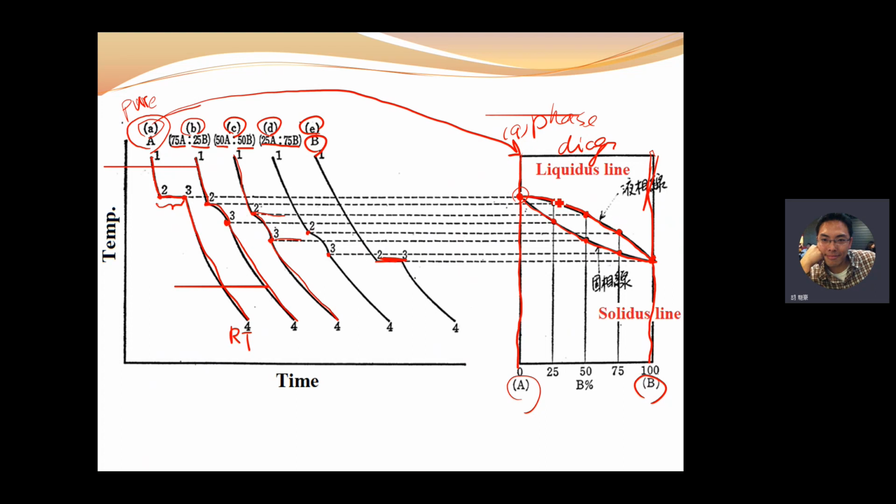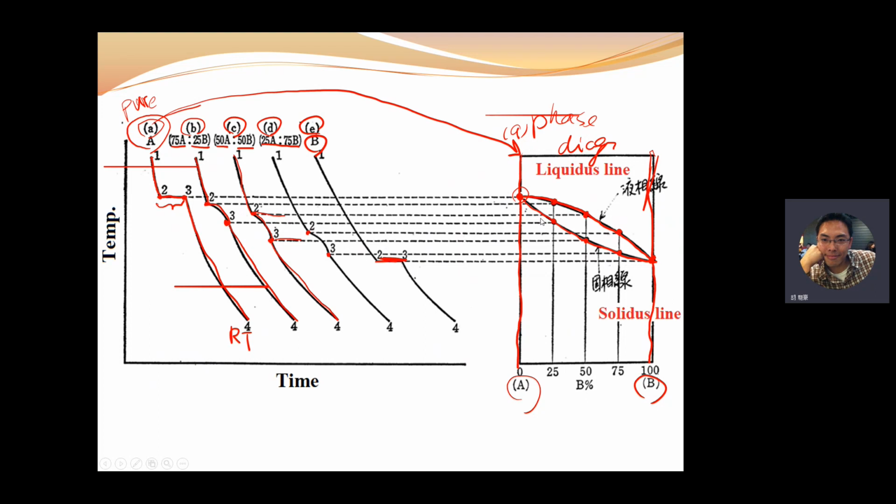And the upper line is called the liquidus line, and the lower line is called the solidus line. So that means if the composition and temperature are located above the liquidus line, the phase is totally liquid. And if the point is below the solidus line, the alloy is totally solid.